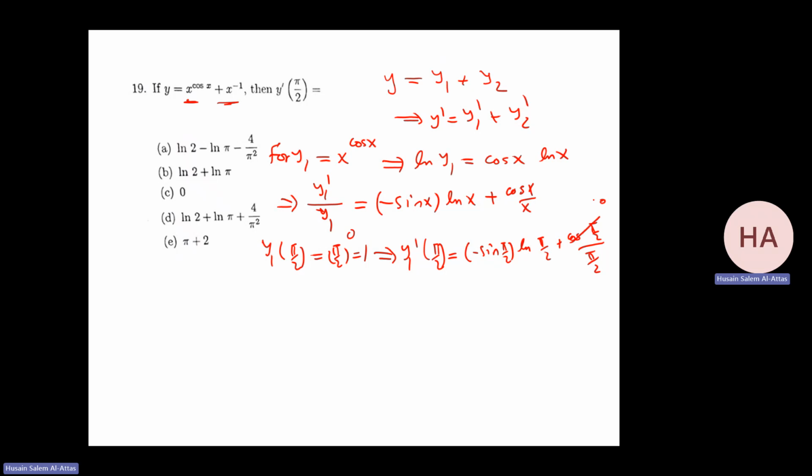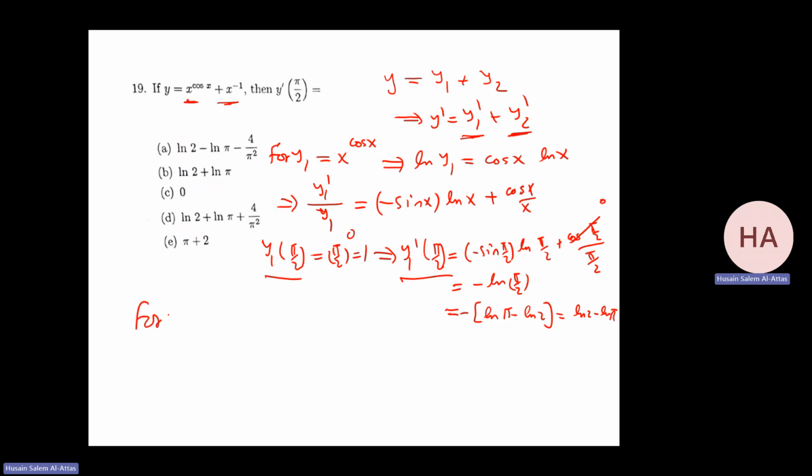This is 0, sine pi over 2 is 1, so it will be minus ln pi over 2, which is minus ln pi plus ln 2, that is ln 2 minus ln pi. This is y1 prime at pi over 2. So we get this. Now we need to find the other one.